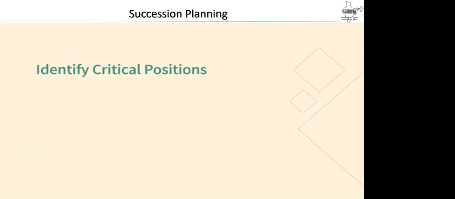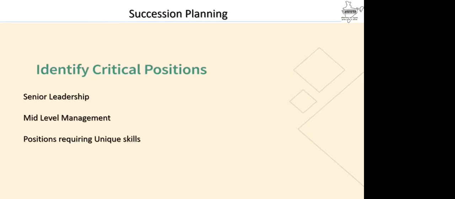Okay. So next is identify. L&D and then succession planning is again a very important part of talent management. Some critical positions need to be identified: senior leadership positions, some mid-level management positions, some positions where unique skills are required.